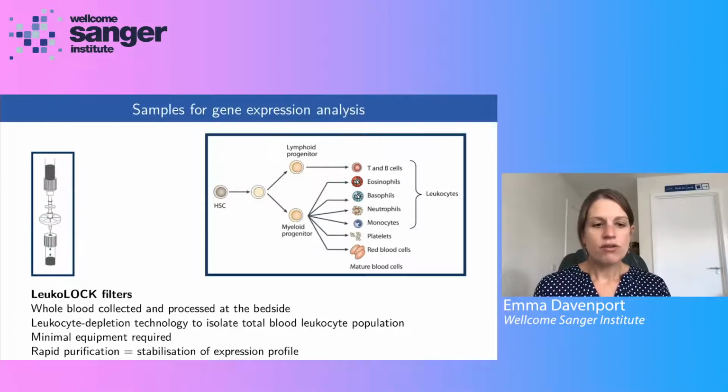So these LeukoLOC filters enabled us to take the blood. The research nurses could then pass the blood through the filter, and this allowed us to stabilize the gene expression profile very rapidly to really get a snapshot in the leukocyte cell fraction of what's happening at the gene expression level at this very critical time in someone's illness.